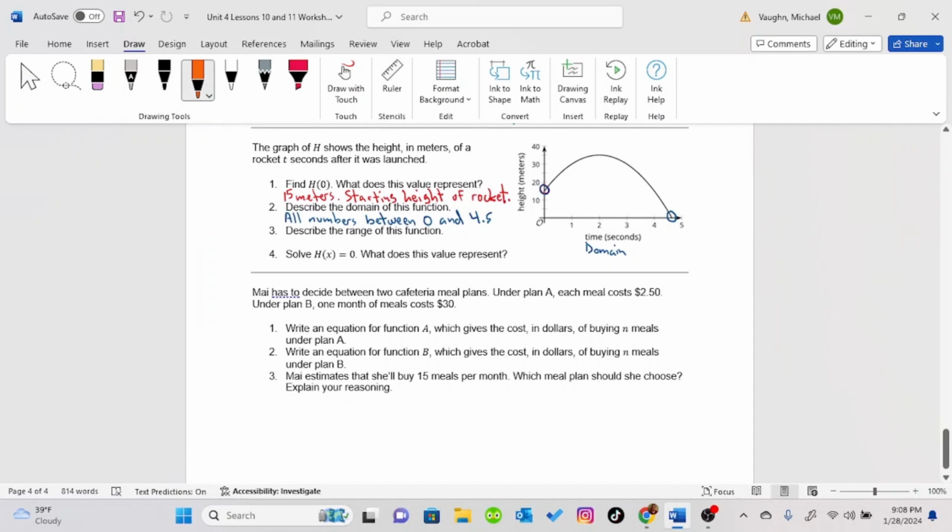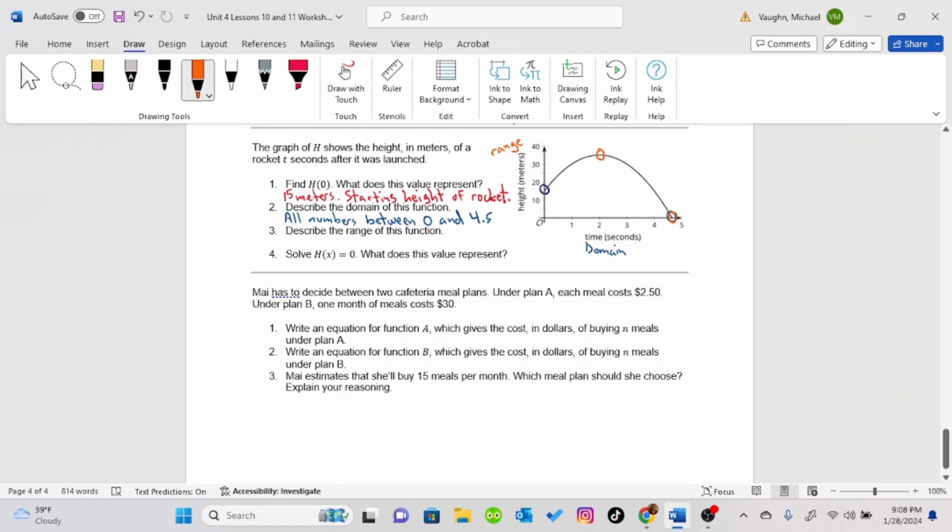Number 3. Describe the range of this function. Remember that your range is your output values, your y values. We see that the lowest y value is 0 when the rocket lands, and it's approximately 35 meters when the rocket is at its high point.